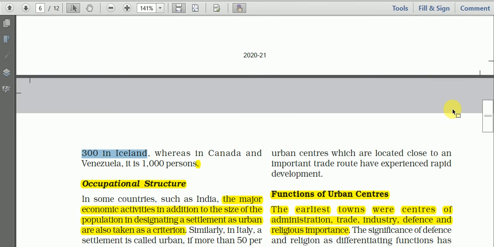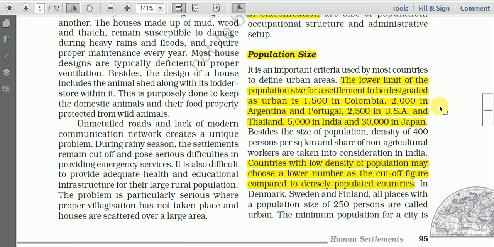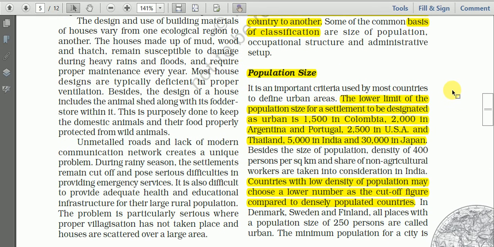So in this way, the size of the population, in case of this size of the population as an important criterion, is also debatable.